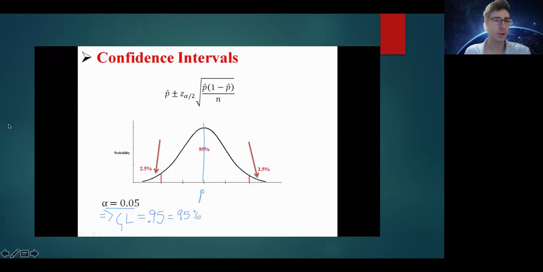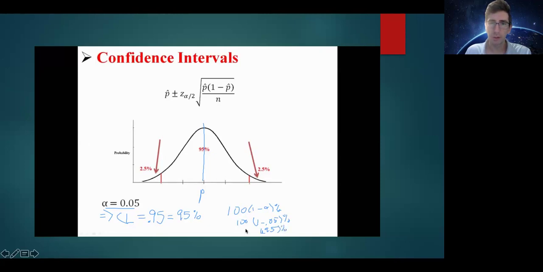And that again comes from this 100 times (1 minus alpha) percent formula. So 1 minus this 0.05 if we're given alpha. One minus 0.05 is just 0.95, right?